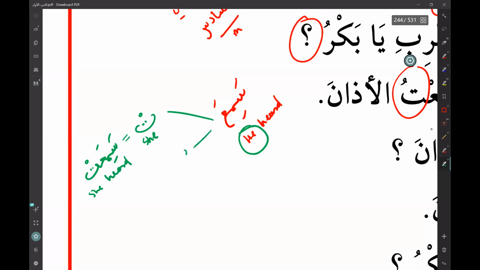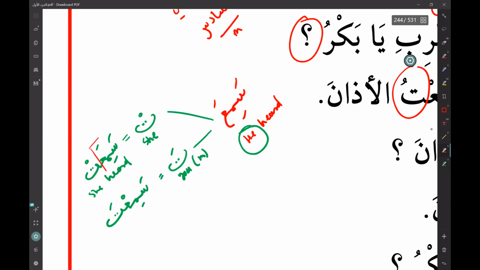Okay, and when you add ta with fatha, it is you for masculine. So you say sami'ta. Now, as you can see, because this one had a sukun, it's something that you have to learn. There's nothing to explain here.